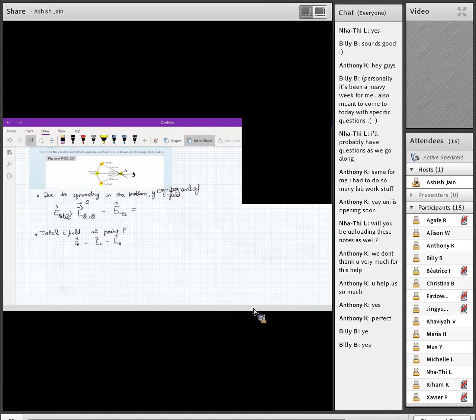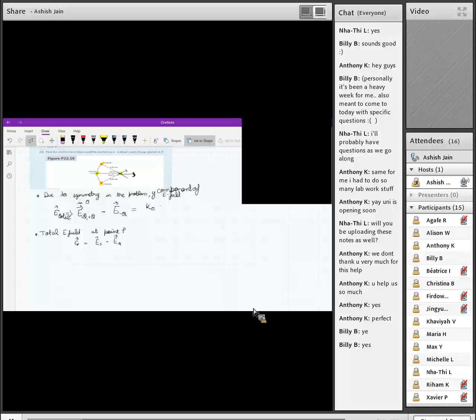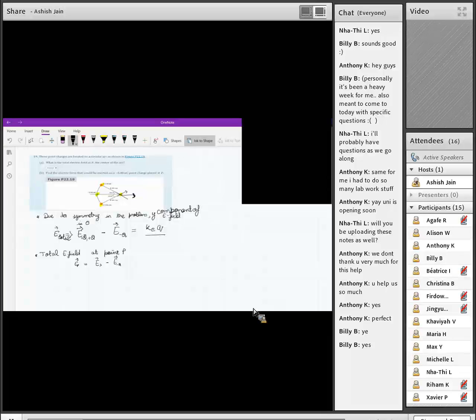Now that I can write as Ke Q by whatever the radius is given, r squared, where Q is plus 3 nanocoulombs and Q is 2 nanocoulombs.